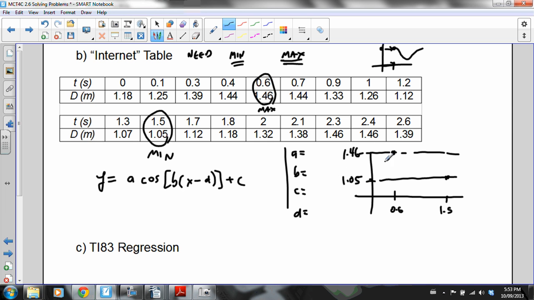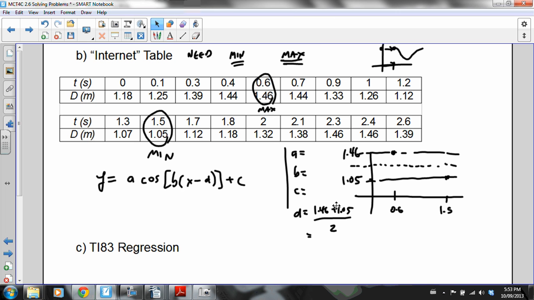Well, what can I do? How does that help me? Well, notice the axis, the C value is right in between them, right? So the C value is 1.46 plus 1.05 divided by 2, which gives me about 1.25.